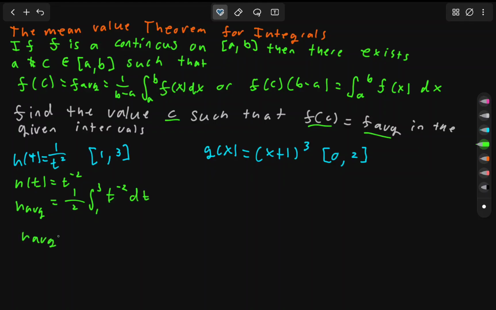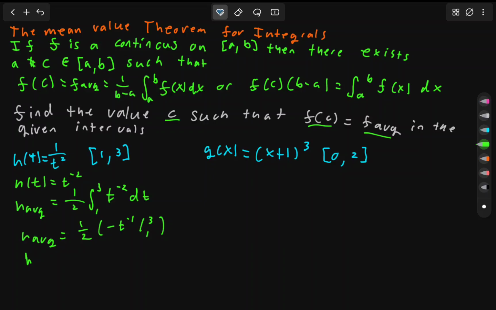Well, h average is going to then be equal to 1/2 times negative t to the power of negative 1 evaluated from 1 to 3. I don't know where I got the other bounds from.